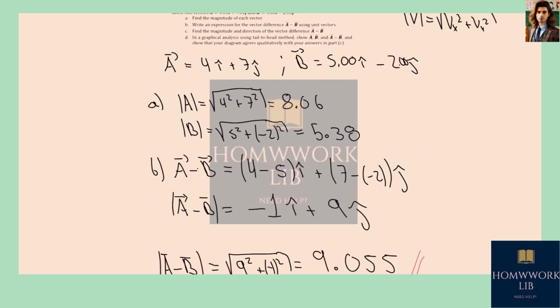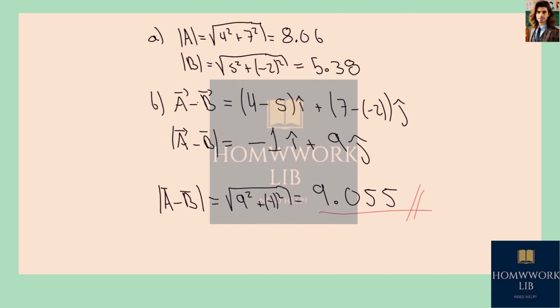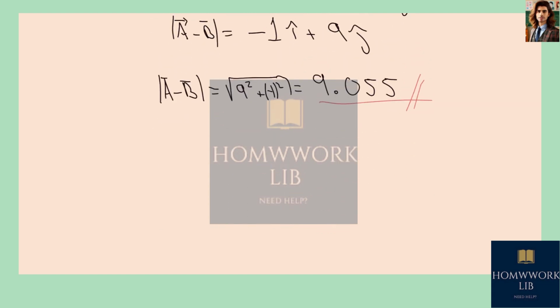And finally, we want to employ a graphical analysis to show a, b, and a minus b, and show that everything matches up in our diagram. So what we're going to have, I'm going to try to make this as accurate as possible, but of course this is going to be easier for you on actual graph paper.